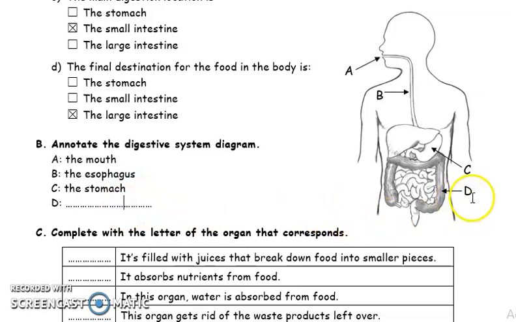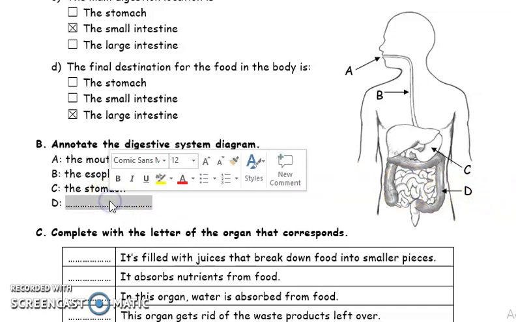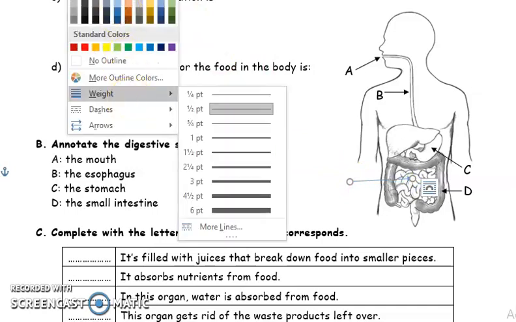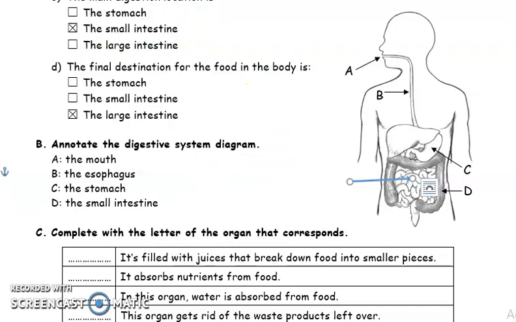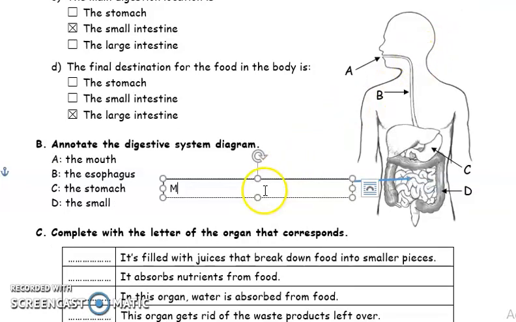D is pointing to the last part of the digestive system. This is the small intestine. The digestive system is made of 5 parts. They did not ask us to name this part. This is the small intestine, and I will call it M. I will use the letter M for the small intestine.